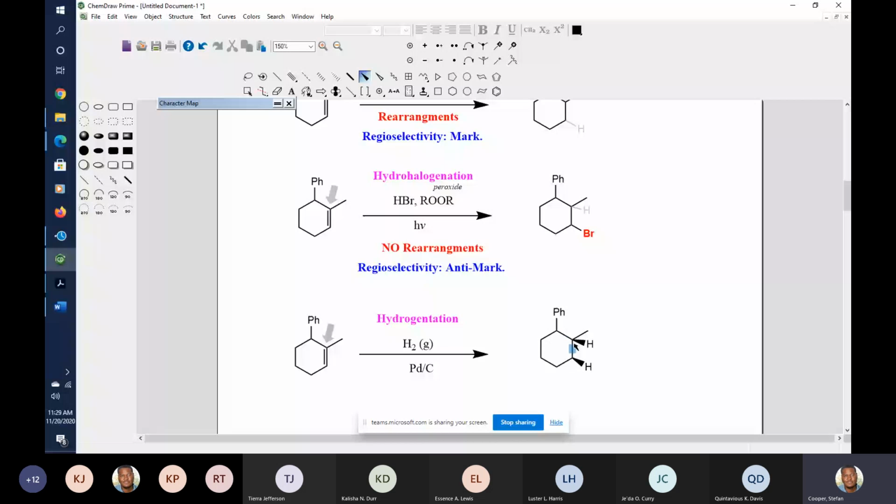They're going to be adding in a syn addition. Take a look at the video for the explanation there. But palladium is like a support. It's like a flat table, if you want to think about it. And all the hydrogens on that table are pointing up.